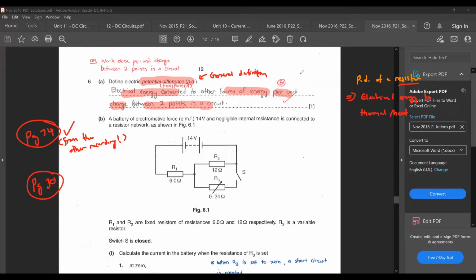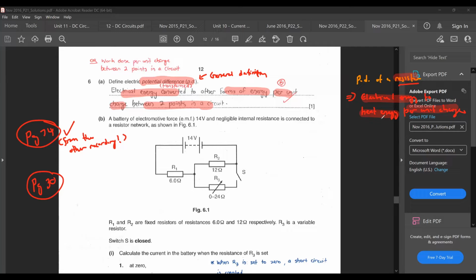So electrical energy to heat energy per unit charge. If they specifically mention a resistor, you have to be specific on the type of energies that has been converted.